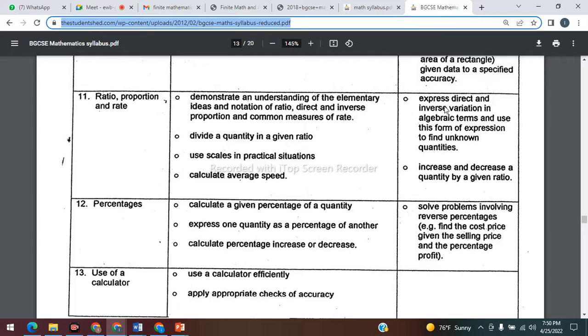Express direct and inverse variation in algebraic terms and use this form of expression to find unknown quantities. That's like if they say if 4 men work for 2 hours, if you have 20 men, how long will it take, stuff like that.